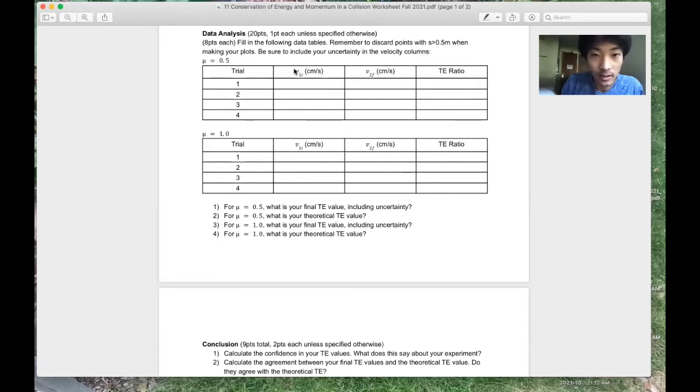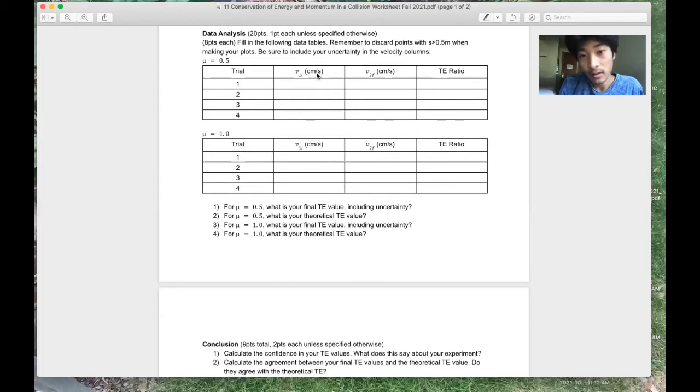So this is velocity of cart 1 in the beginning. And this V2F is referring to velocity of cart 2 final, so after the collision. So this is velocity of cart 1 before the collision, velocity of cart 2 after the collision, and your TE ratio, which you can use your equation to find. So this will be your experimental TE ratio. So this is the equation that includes the velocities.